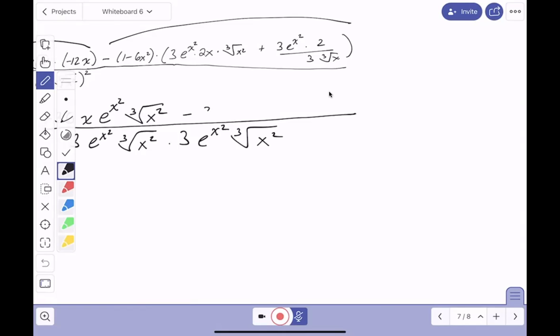Minus 3. I'm sorry, I should really do some simplification. I'm moving along. It'd be ridiculous to write that down without doing that simplification. Just too simple not to do it. So it's going to be, let's see, minus 6x e to the x squared cube root x squared.